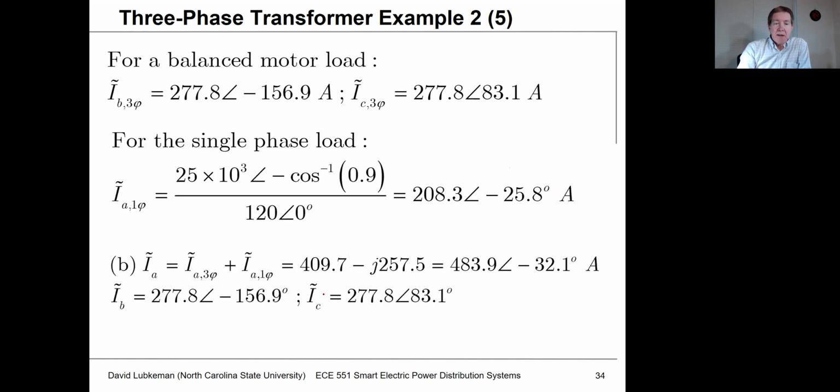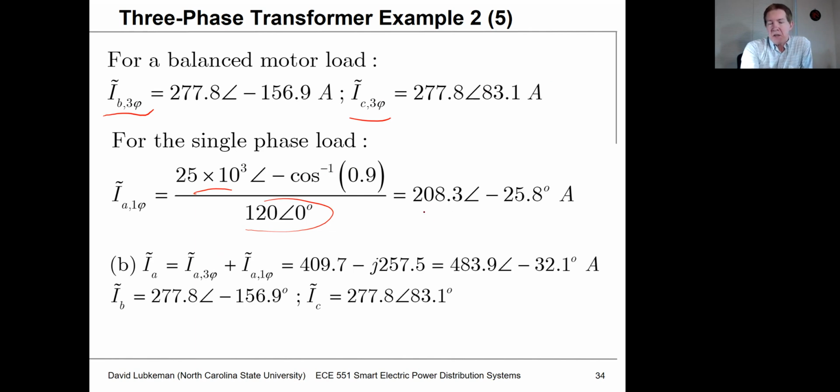So I use that, and that basically gives me what the phase B and the C phase magnitudes are. I just subtract off 120 degrees to get the phase B value, add 120 degrees to get the phase C value. Now for the single phase load, that's 25 kVA, that's hooked up to phase A. And so I take this 25 kVA, I divide through by 120, take the complex conjugate of the power, that's minus the arc cosine of 0.9 in this case.